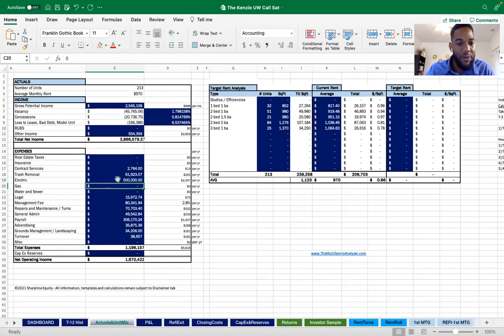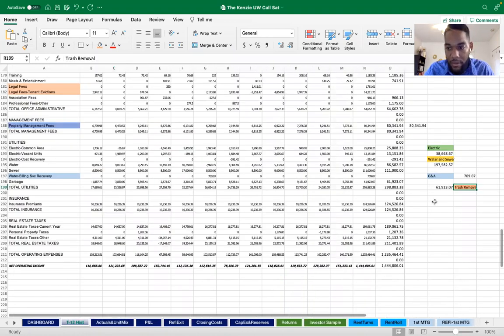But $500K for electric is going to raise some eyebrows here; it's $23.47 a unit. On some properties, our total per unit expense is around $4,000 or $5,000, so if we have $2,300 on one line item, that's a red flag to us. We need to figure out why that electric is so high. But that's usually why it's broken out.